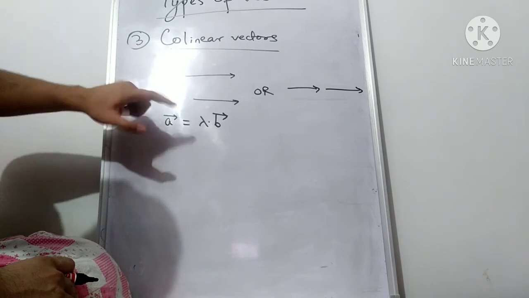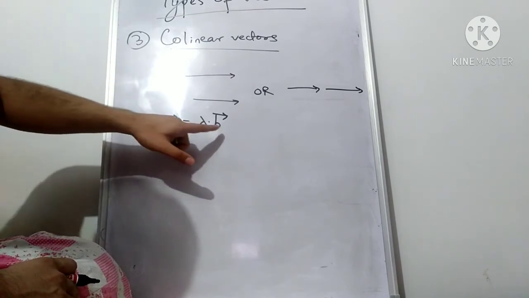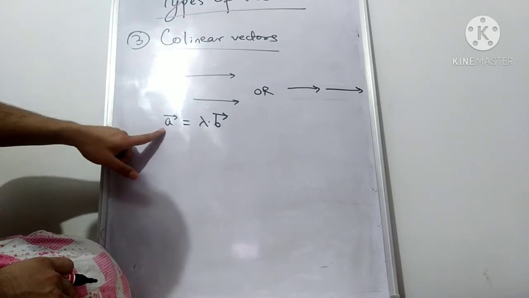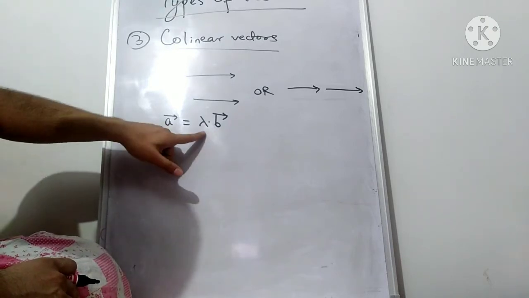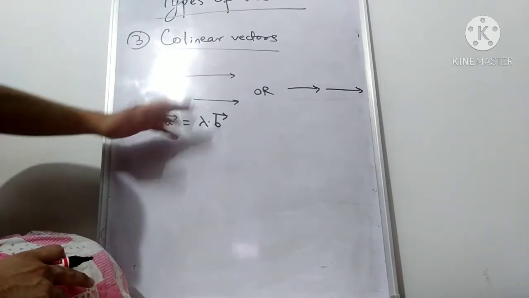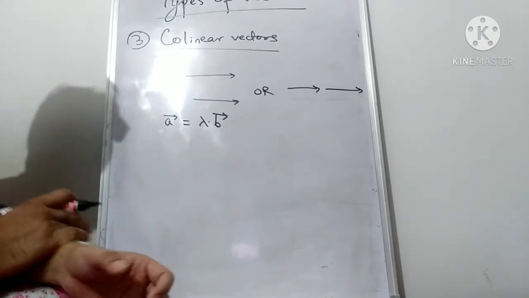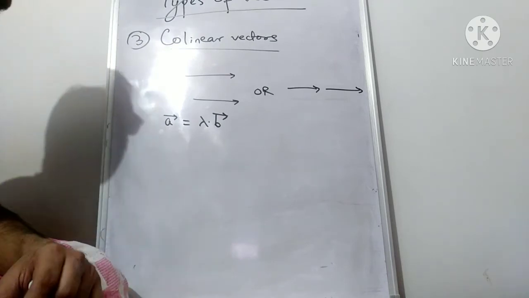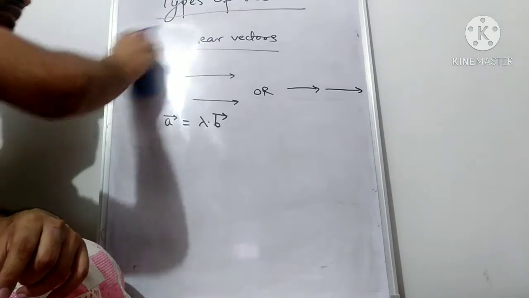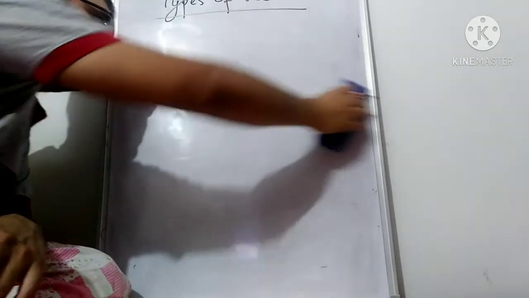So if the magnitude of this vector is 1 and the magnitude of this vector is 2, then lambda will be equal to 2, basically to adjust their magnitude to make them equal, but their direction will be the same by default. Okay, so this type of vectors are called collinear vectors.